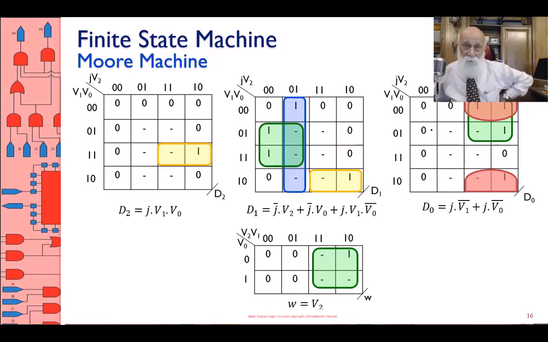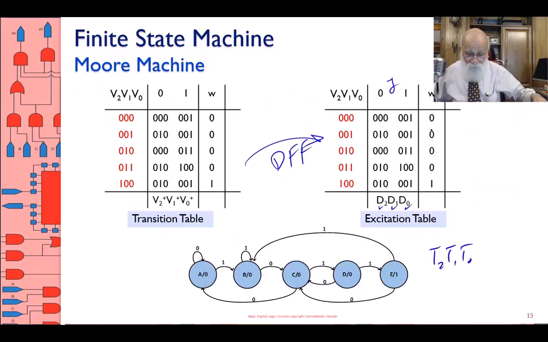Then I develop my Karnaugh maps. All I'm doing is making a transition from here. Let's say J is 0, V2 is 0, V1 is 1, and V0 is 1.